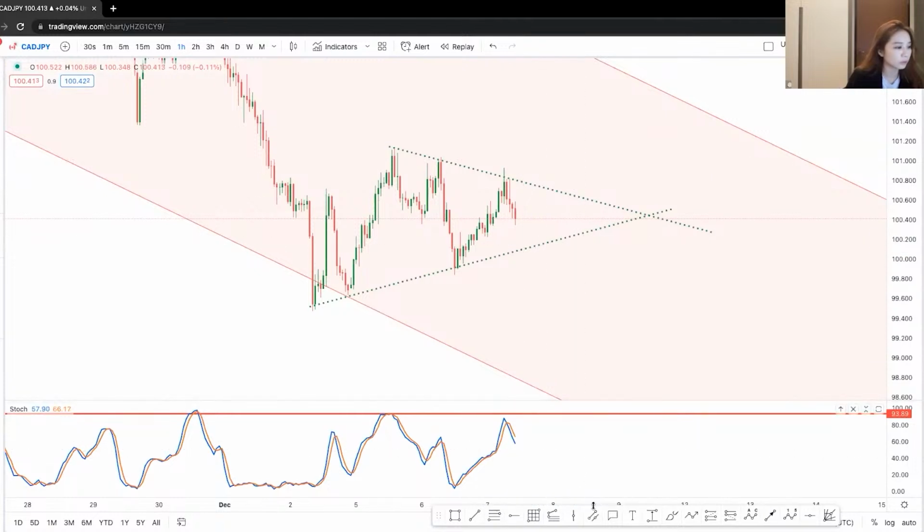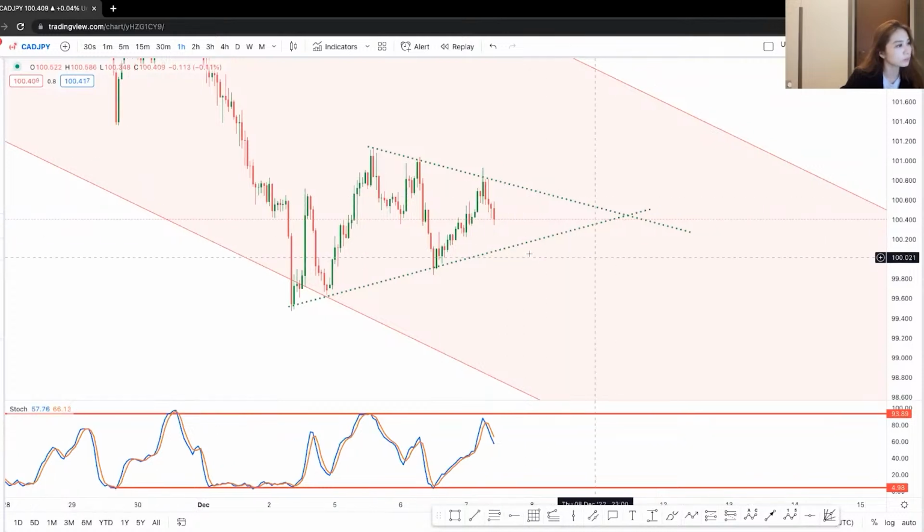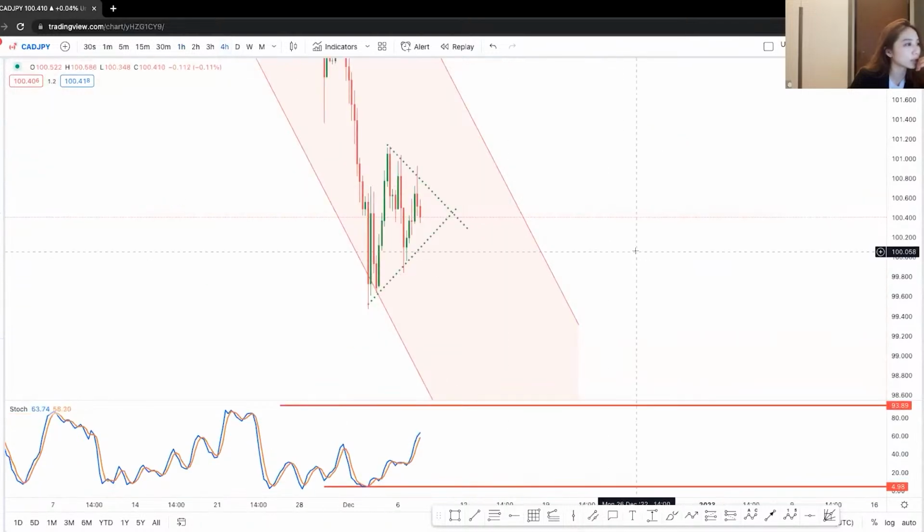Looks like it's more of a downfall for the short term. And it has stopped a bounce up over here. Cat yen is pretty odd. Let's look at H4 instead.